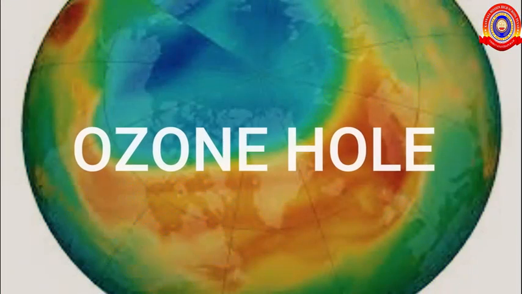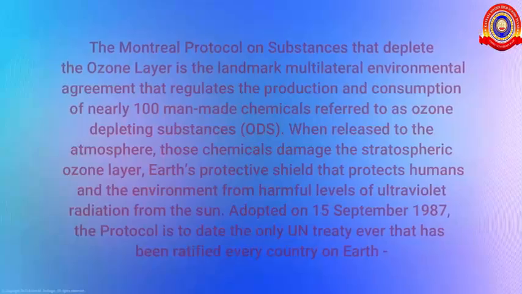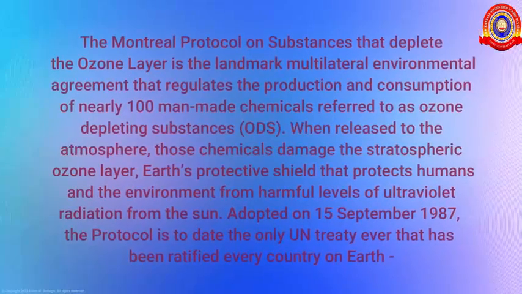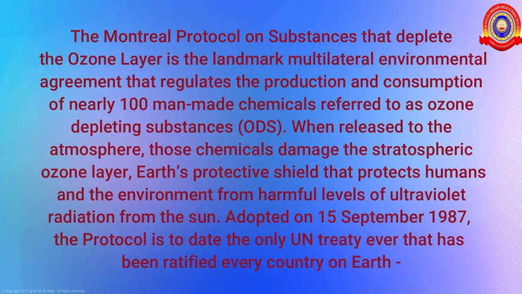Then what is the Montreal Protocol? The Montreal Protocol on Substances that Deplete the Ozone Layer is the landmark multilateral environmental agreement that regulates the production and consumption of nearly 100 man-made chemicals referred to as ozone depleting substances.